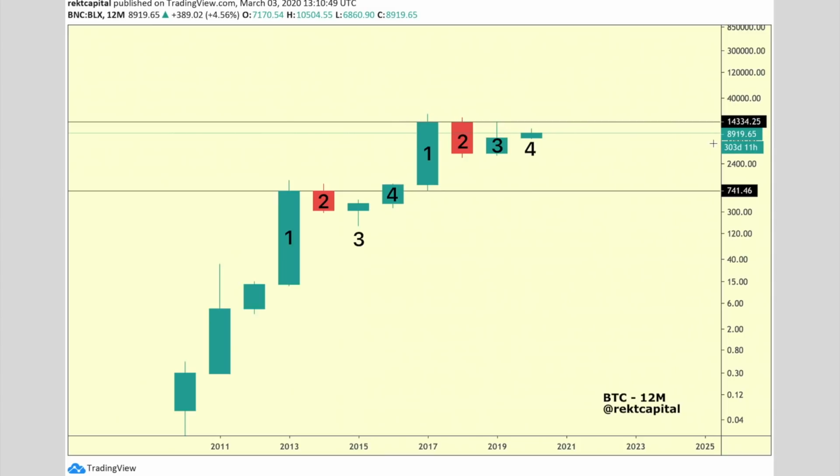So even though we might think that breaking past 20,000 is the level to see monumental hype and monstrous FOMO and euphoria enter the market and press price towards new all-time highs, 20,000 isn't that level as per the 12-month time frame. In fact, that level is 14,334.